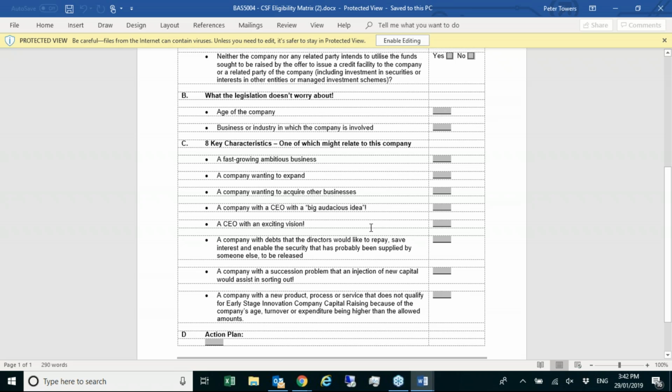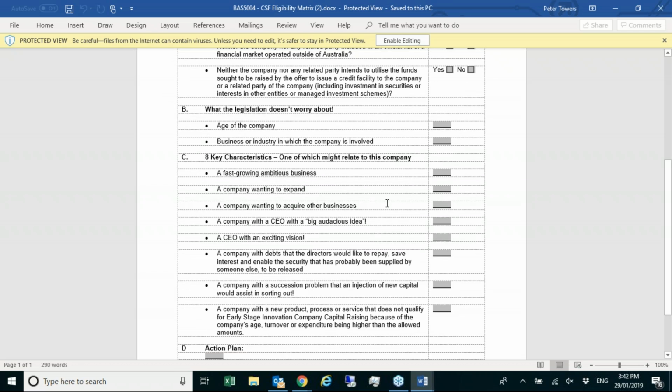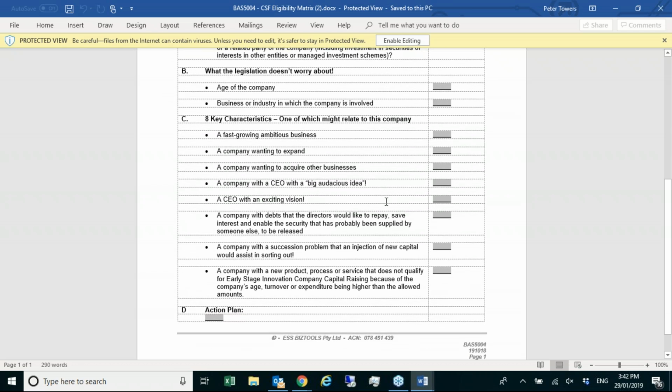But the interesting thing is having a look at what business backgrounds these businesses are from, and they're right across the shelf. They're all types of things. But I think one of the key characteristics could be one of these things. Someone that's an ambitious company, they want to grow, or wanting to expand, or wants to acquire other businesses. And you pick this up in your conversation with these clients.